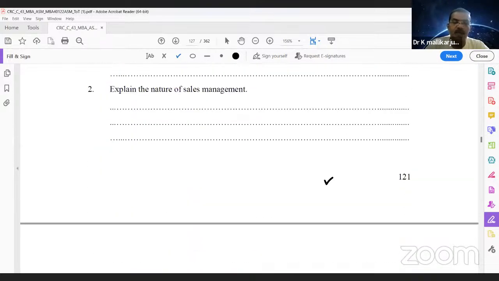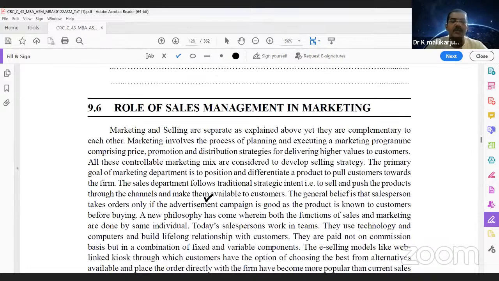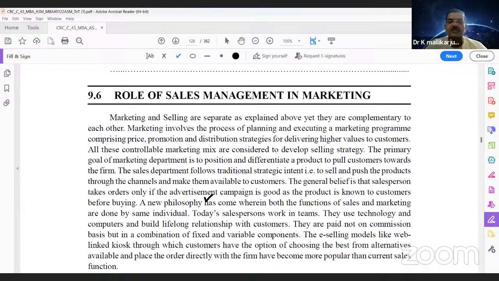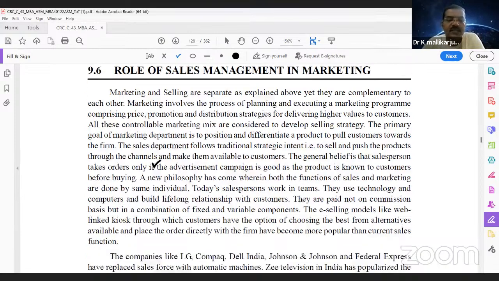Now we move to another topic, the role of sales management in marketing. The major task of sales management is to increase sales. The objective of sales management is to capture market share and become the market leader, so that everyone knows the company's brand name.